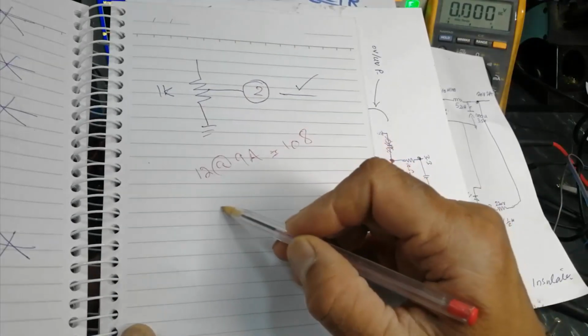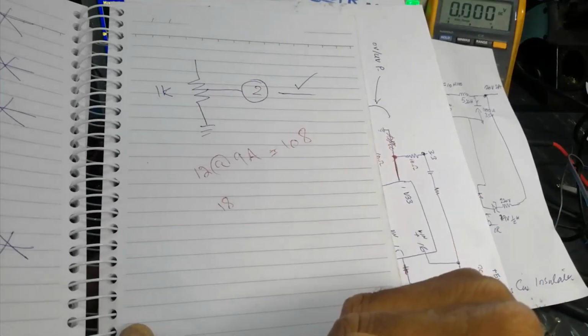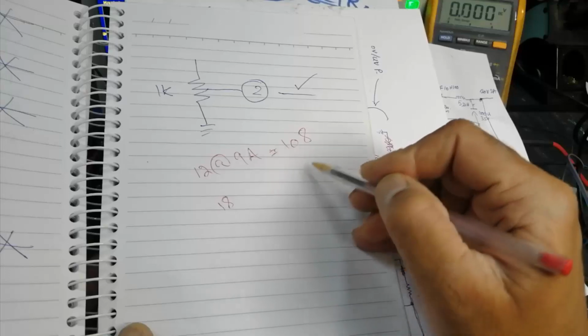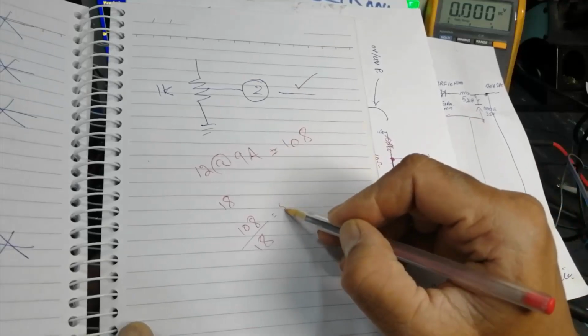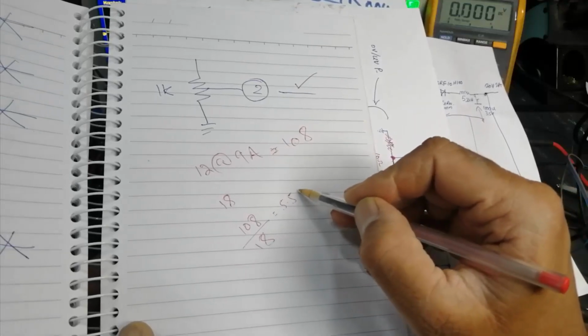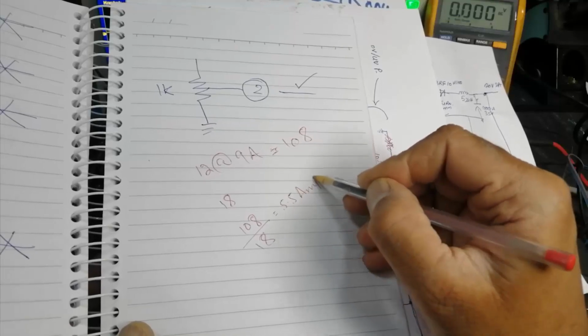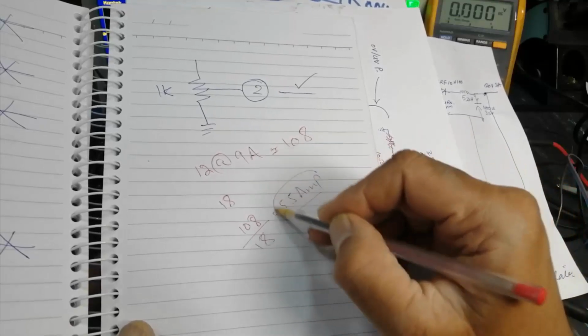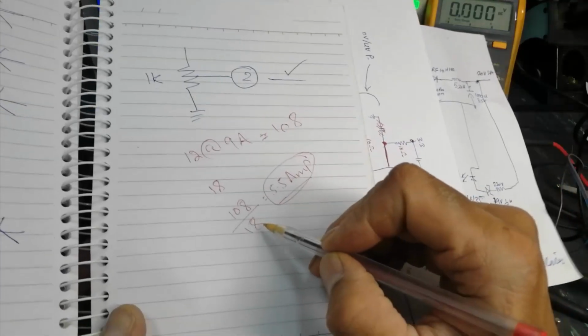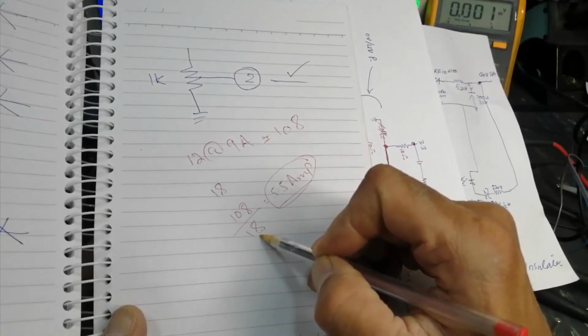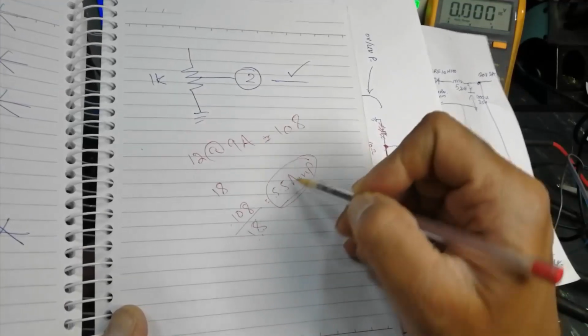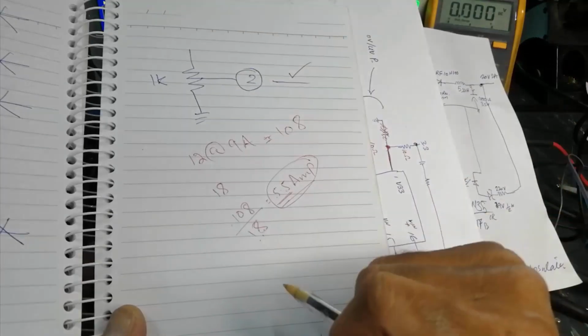And if you are taking 18 volt, at that time it should be about 5.5 ampere or less. So if you increase the voltage, because of the wattage, the current will be approximately this.